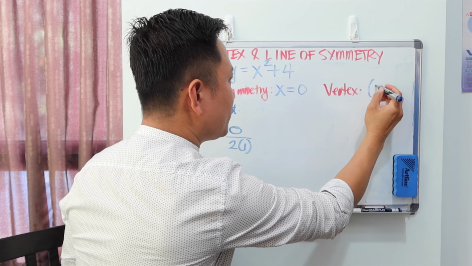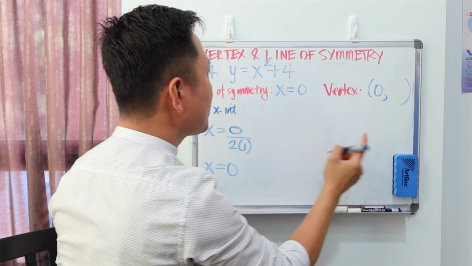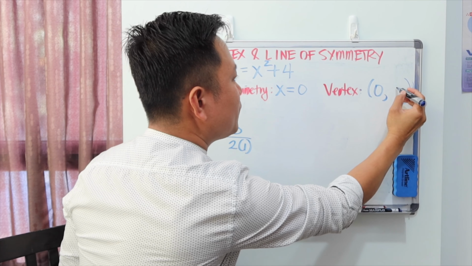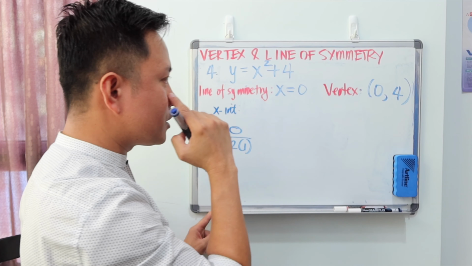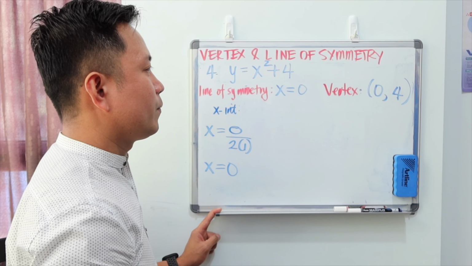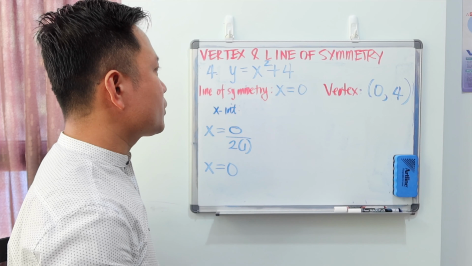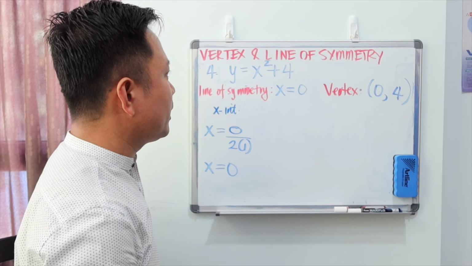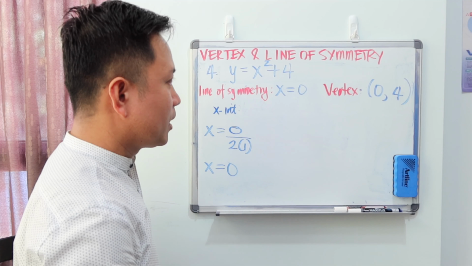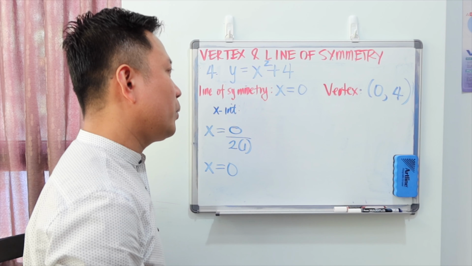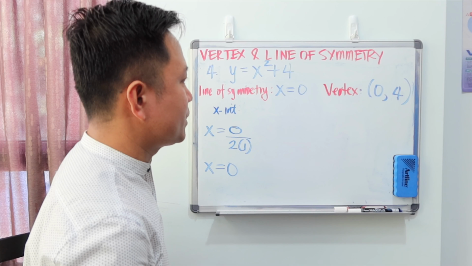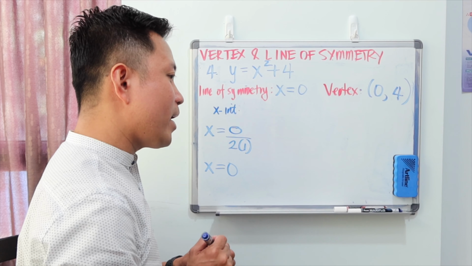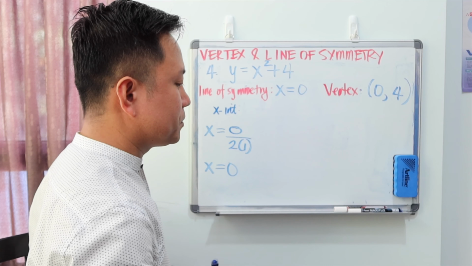Again, solving for the vertex, we plug in x is 0, and we have 0 squared plus 4, so we have here a vertex at (0, 4). Now if we look at the graph of this quadratic function, we notice that it is a parabola that's concave upward. The vertex is at (0, 4), which also happens to be the y-intercept. And again, the line of symmetry is the y-axis, or x equals 0.